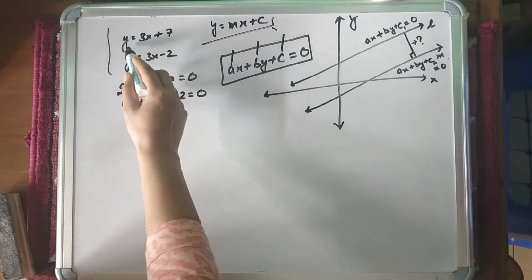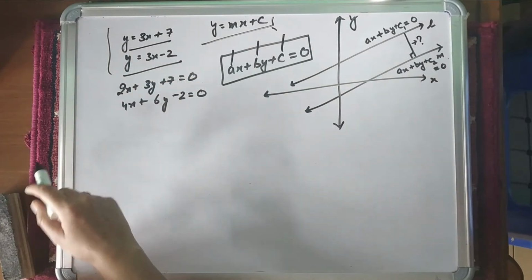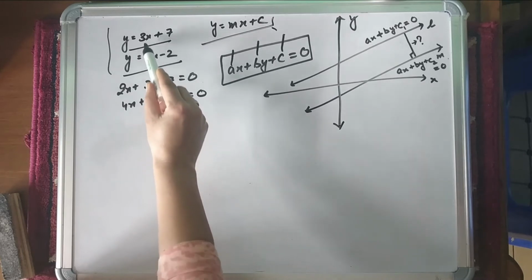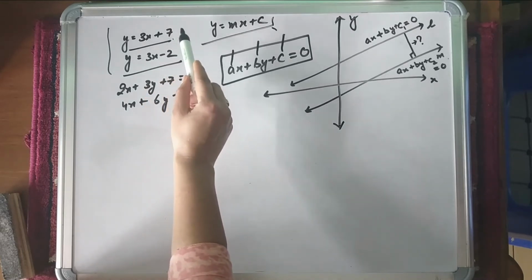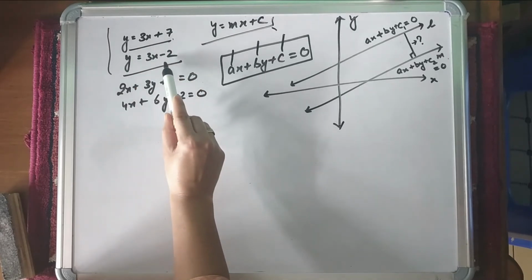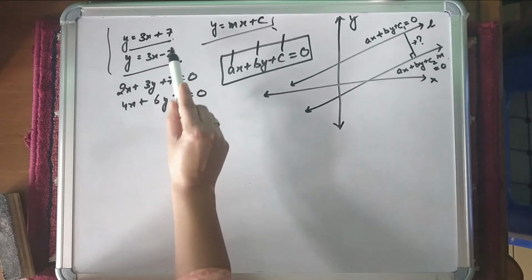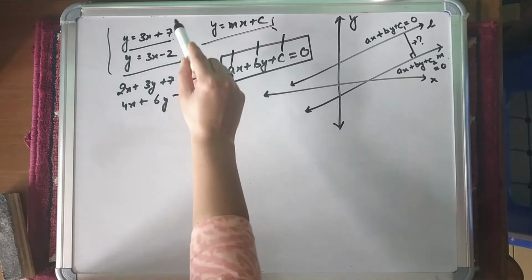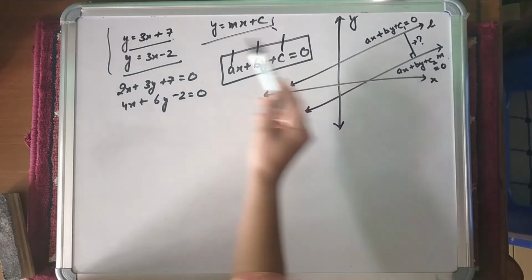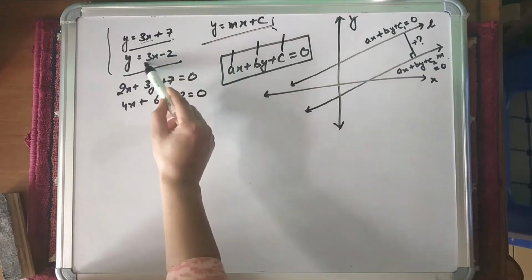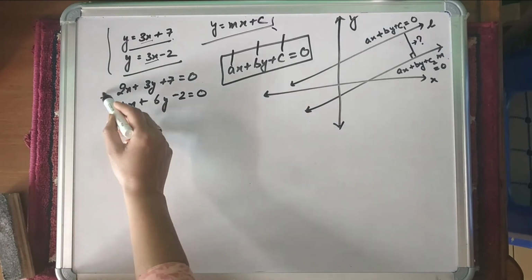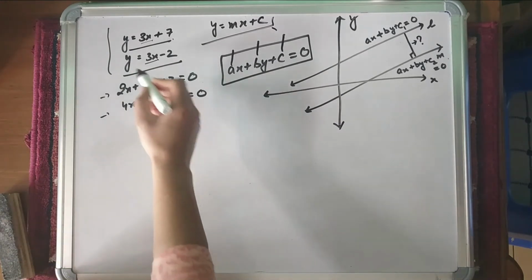Here, if the lines are like this, their slope is the same, and this line passes through the first, second and third quadrants, and this line passes through the first, third and fourth quadrants. So we have a full visual for this, but not for this. As we are talking about parallel lines, here we can say the lines are parallel, but here we can't say. Although you learned this in class 9, what's the logic?